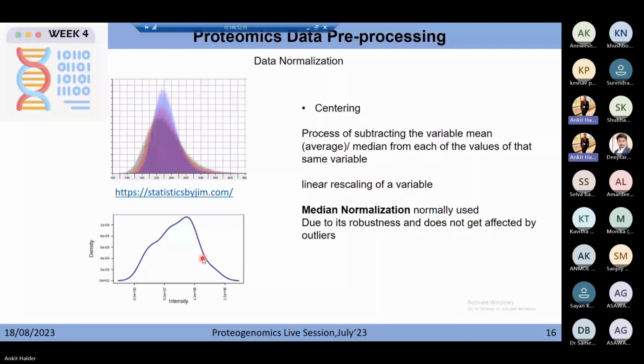Another important thing to keep in mind, while shifting, centering or making a proper Gaussian distribution curve, is that we are aiming to identify our differentially regulated proteins, or the markers, which stay at the ends of the tails, because in the distribution the majority of proteins within it are unchanged.